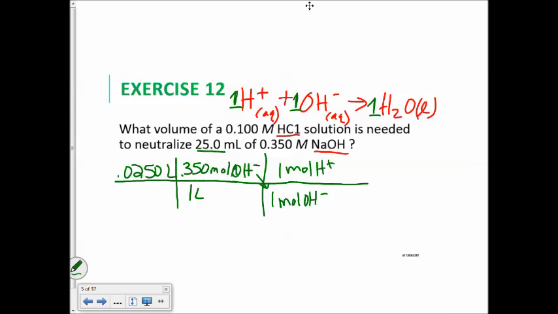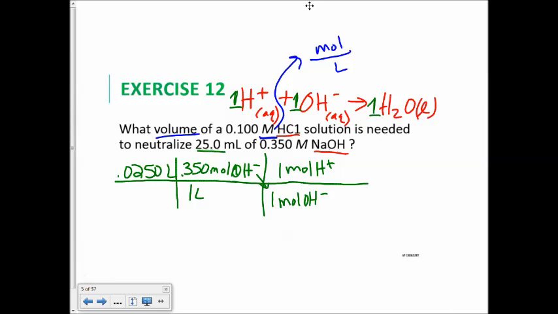Okay. Does anybody see after this point where can we go? What do we need? Volume. What else do we have? What other piece of information? What does molarity tell us? Moles over liters, right?